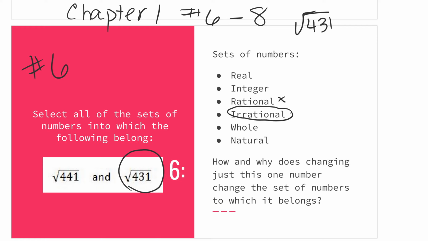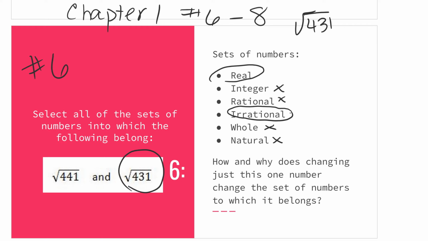Is it a whole number? No, it's a decimal that doesn't terminate and doesn't repeat. So it's not a whole number and it's not a natural number. An integer, no, it's a decimal that doesn't terminate and doesn't repeat. So it is not part of those other groups. It is, however, a real number.